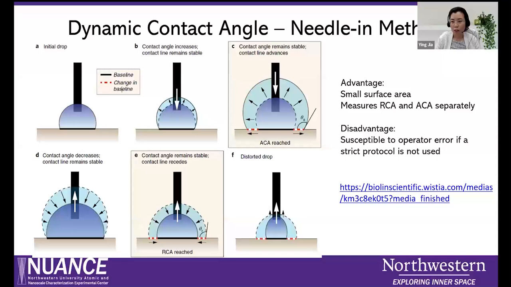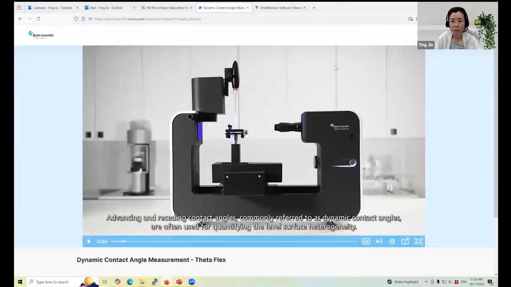This is really detailed, and if you're interested, during the training we can go through the protocol. I will play a video to show you how those methods are practiced in real life.